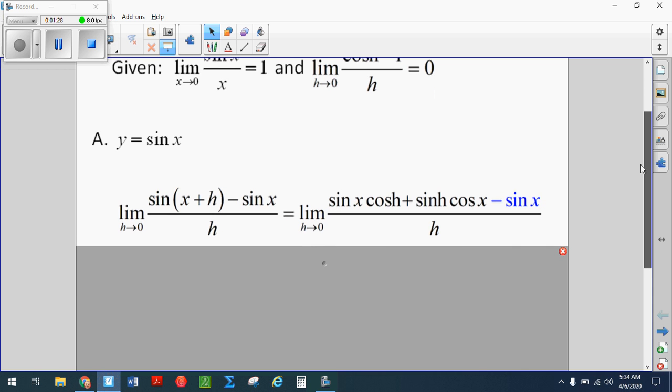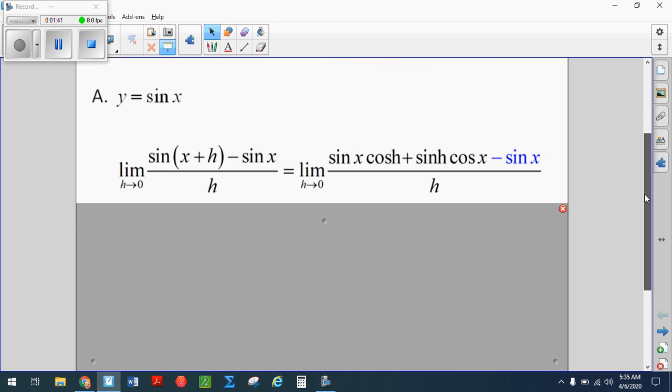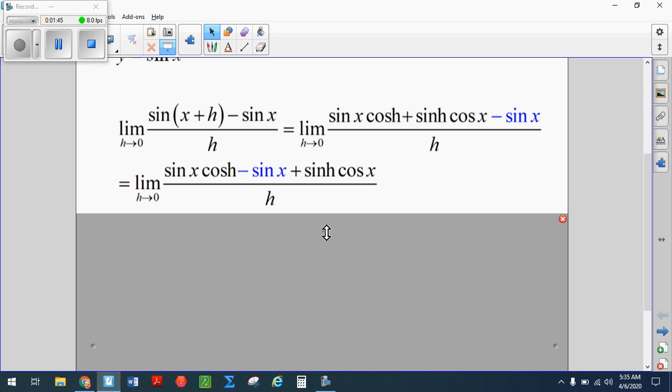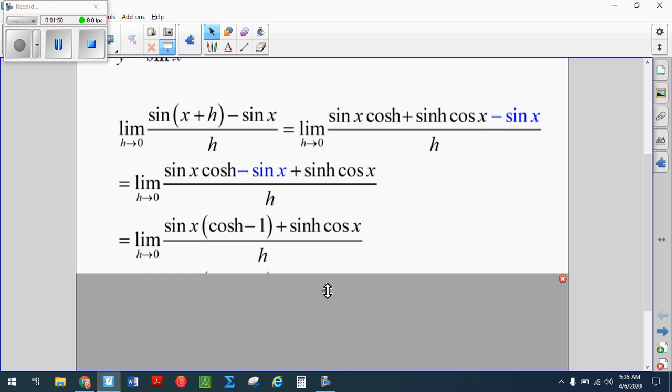So I start with sine of x plus h minus sine x over h. Use the sum identity, sine of x plus h is sine x cosine h plus sine h cosine x. I'm going to rearrange that so that the sine x's are the first 2 terms. Then we're going to factor out a sine x. So now I have a sine x, parentheses cosine h minus 1.